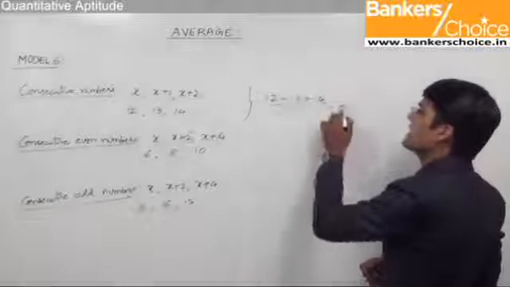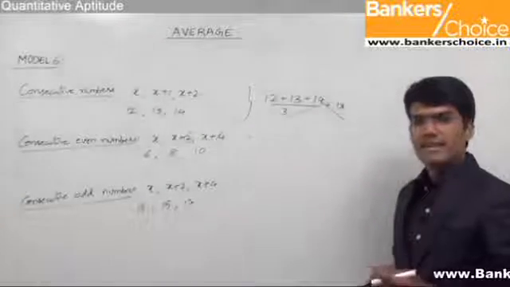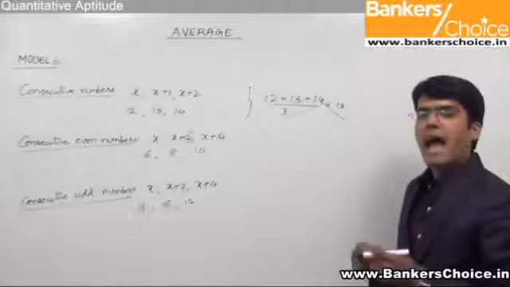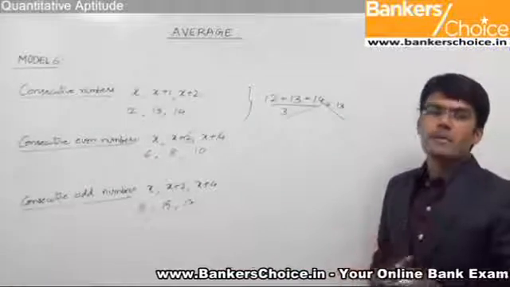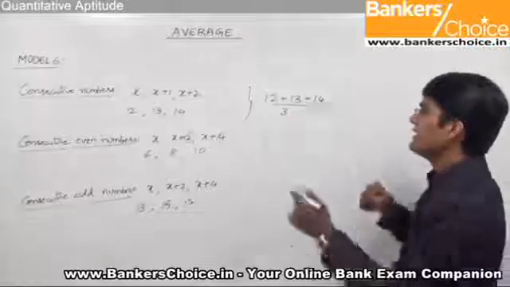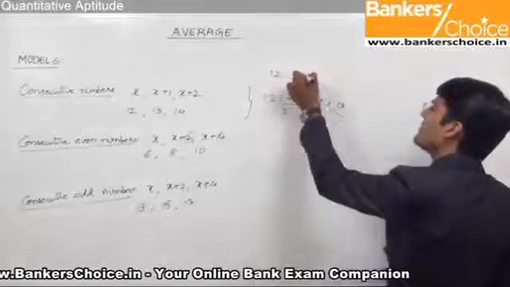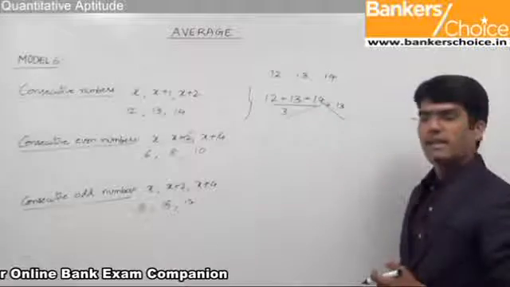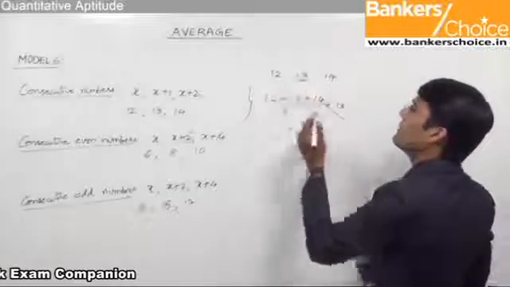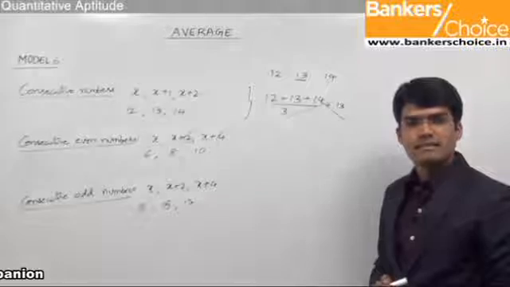This calculation is not required. Instead, we can directly say that the average of consecutive numbers is always the middle number. For example, in this case, the three numbers which we had were 12, 13 and 14. So without doing this calculation, I can directly say that the average should be the middle number, that is 13.